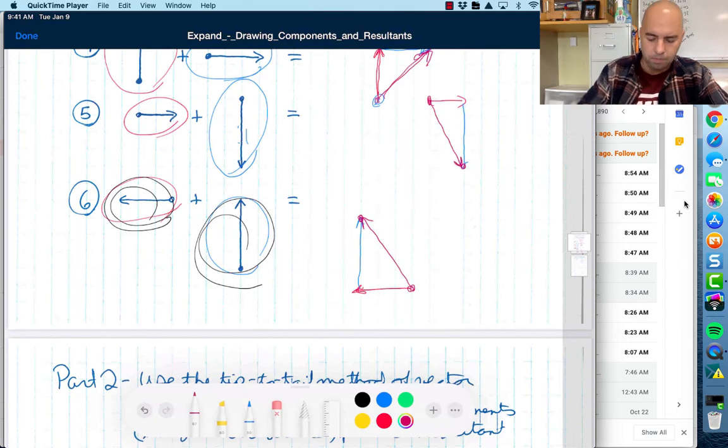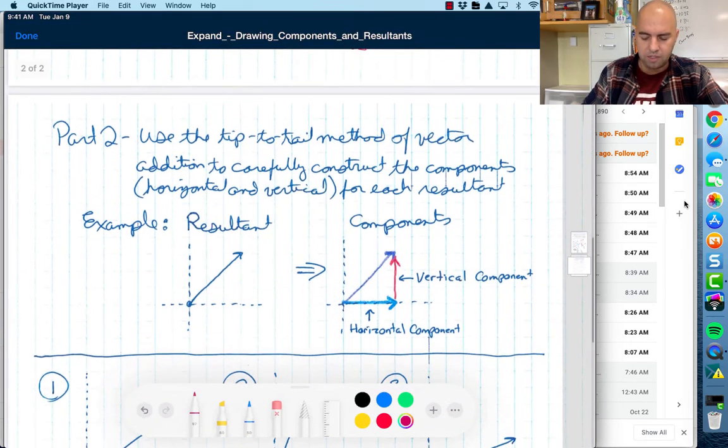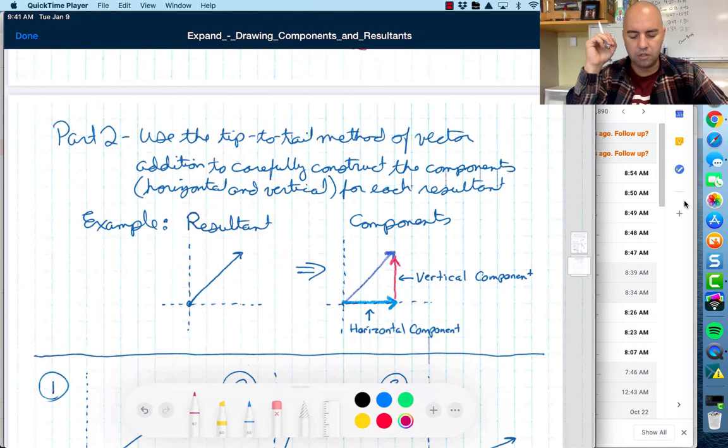Okay, now we're going to use the tip to tail method to figure out what the components are. So remember, in this case, when I give you the resultant, you have to figure out what the horizontal component is, so the side to side or along the x-axis, and the vertical, which is up and down, or along the y-axis.